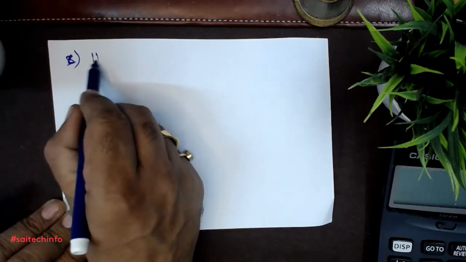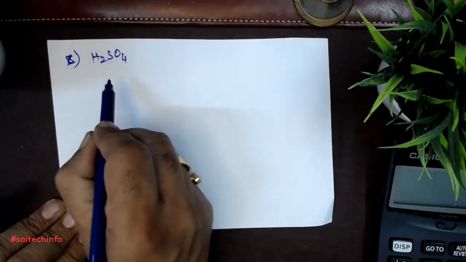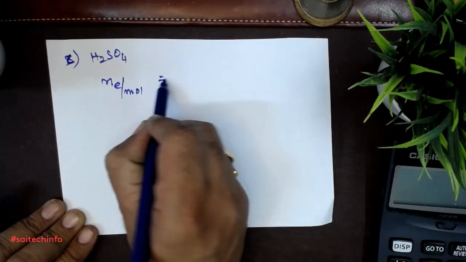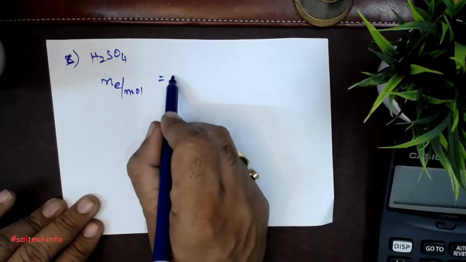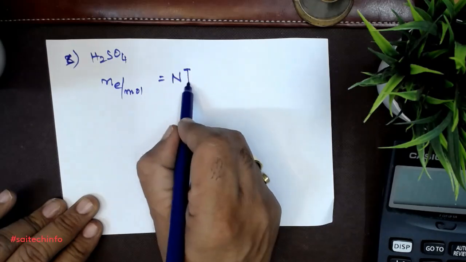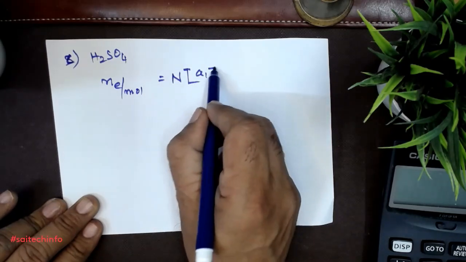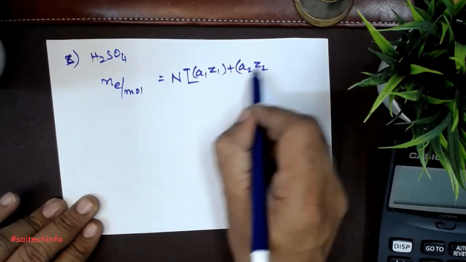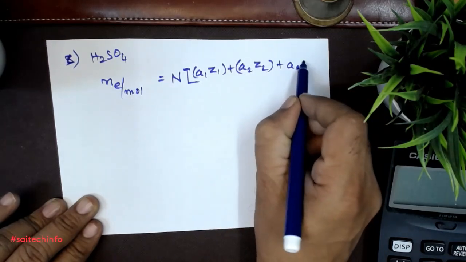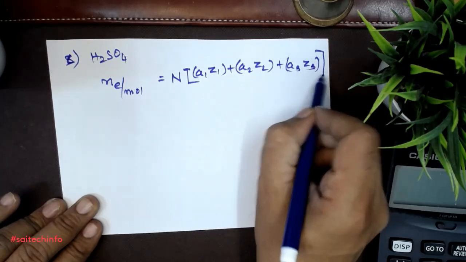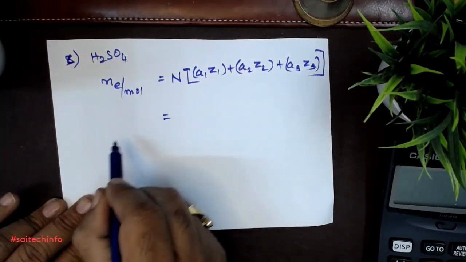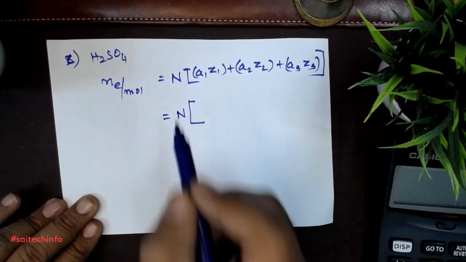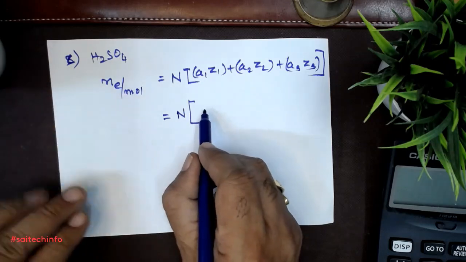That is H2SO4. So the number of electrons per mole is equal to N into (A1 Z1 plus A2 Z2 plus A3 Z3). Got it? Now N into A1 is nothing but hydrogen.